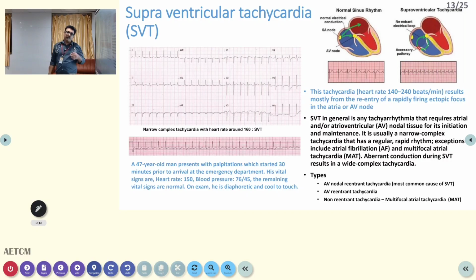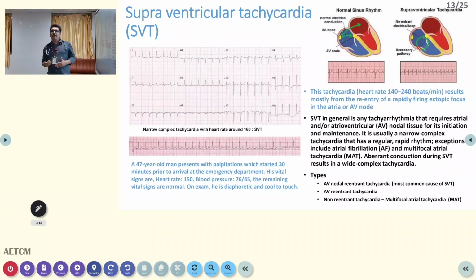Now supraventricular tachycardia means the tachycardia originates above the ventricle. It can be the SA node itself or SA node-like electrical activities surrounding that node. That may be an extra nodal focus somewhere here. So that can produce conduction, or it can be due to atrial fibrillation itself. It does not come strictly under supraventricular tachycardia, that's a separate entity.